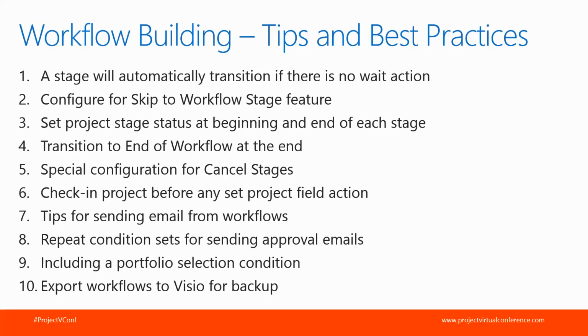We showed you a little special configuration for setting up cancel stages at the end, making sure you check in the project before attempting to set any project field, a few tips around sending email from workflows, how you set a repeat condition for approval emails, including a portfolio selection condition, and lastly, the Visio for backup.